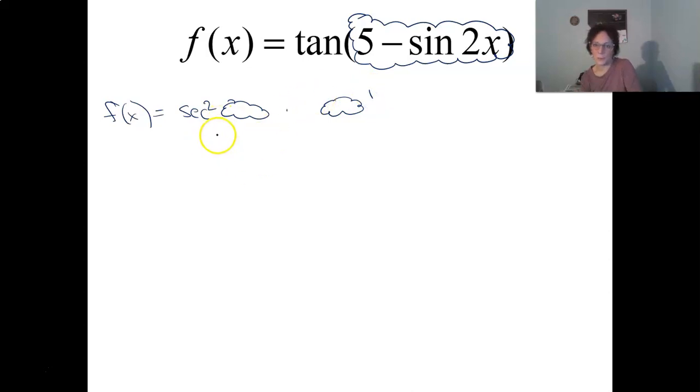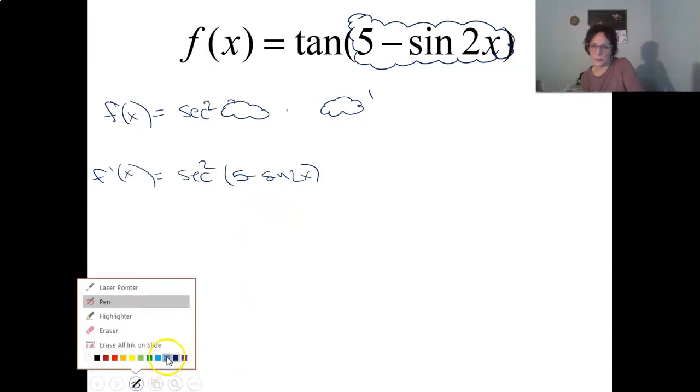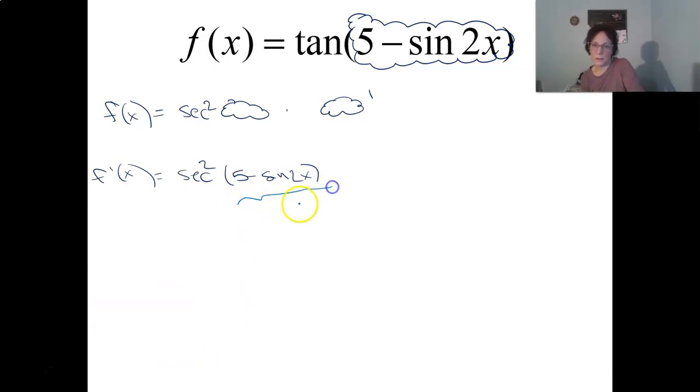So cloud prime is going to be the derivative of 5 minus sine 2x. I've got the secant squared of 5 minus sine 2x, and then I need to take the derivative of 5 minus sine 2x.